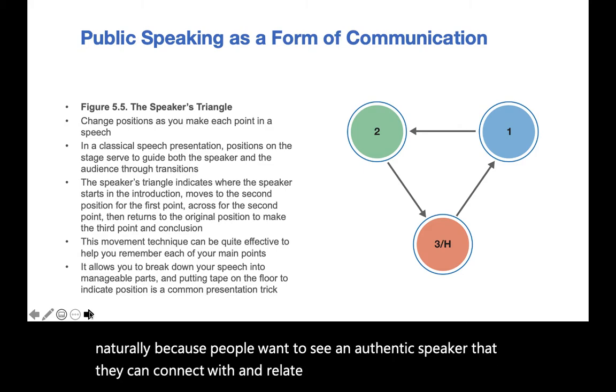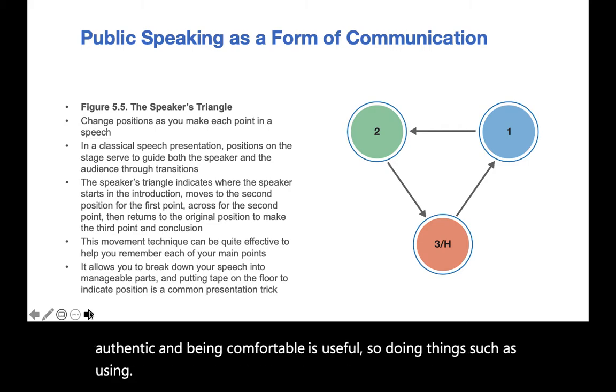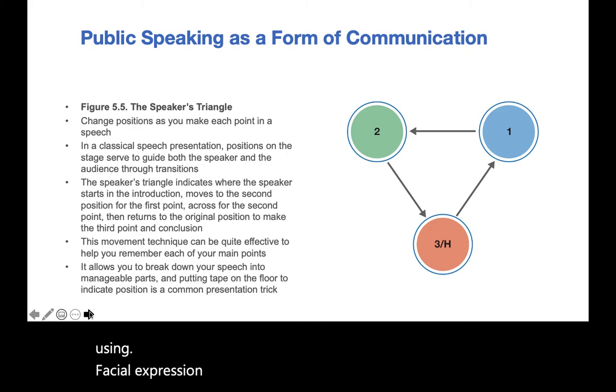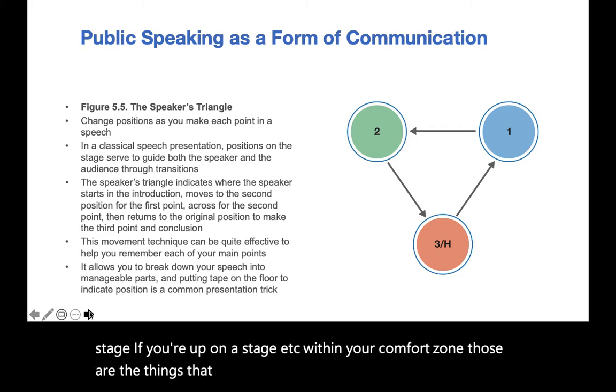So being natural and authentic and being comfortable is useful. So doing things such as using facial expression, using gestures, moving your body across the stage if you're up on a stage, etc. Within your comfort zone, those are the things that will make you more effective in your presentation.